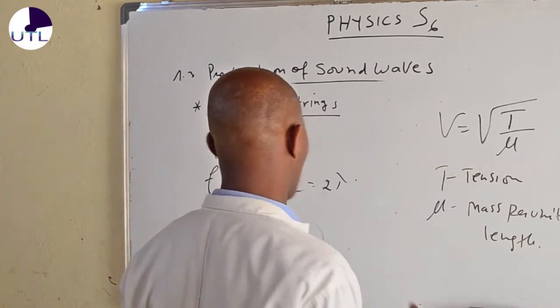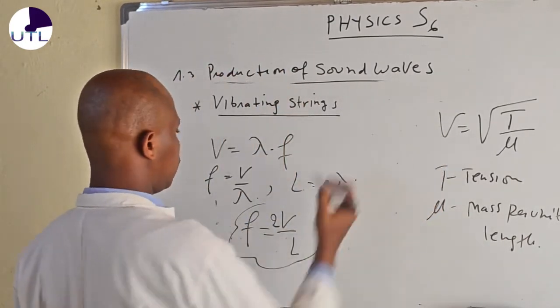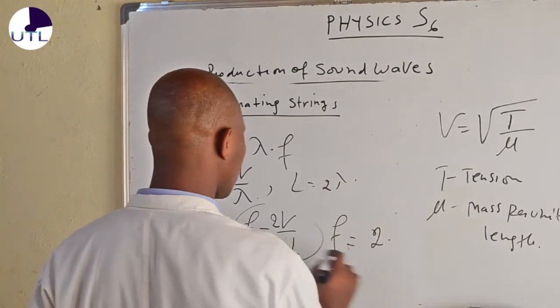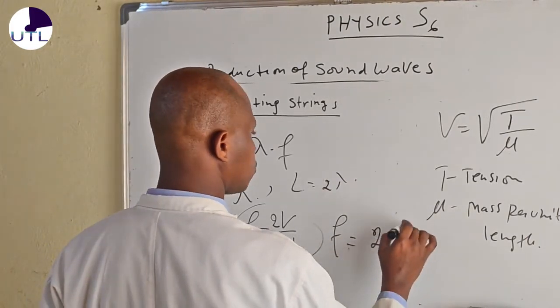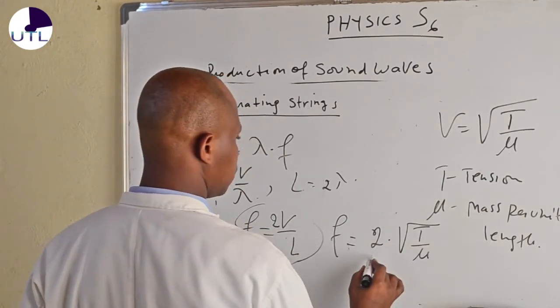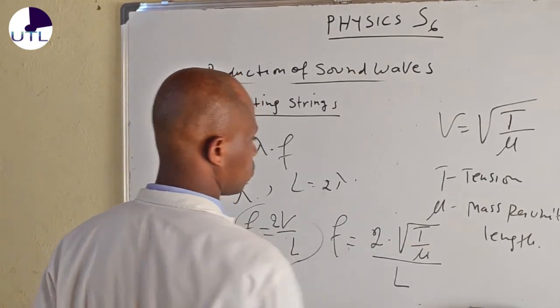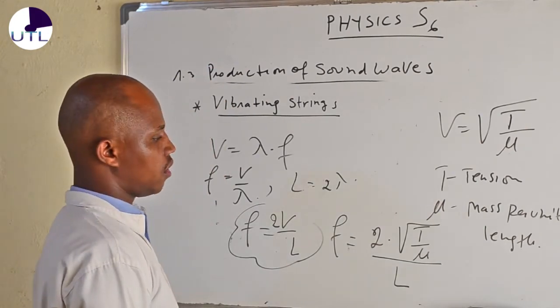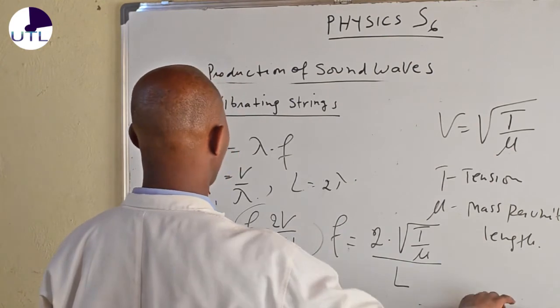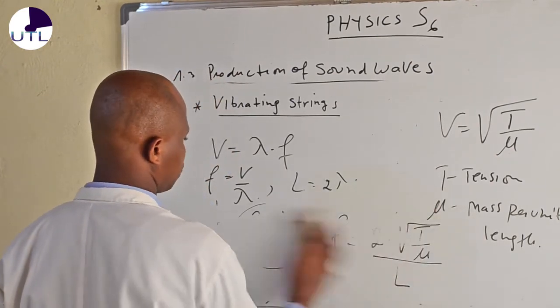Now, applying this V, the frequency will be equal to 2 times the square root of tension over mu, then divided by L. Now, for the fundamental, let us find how the fundamental frequency will be.